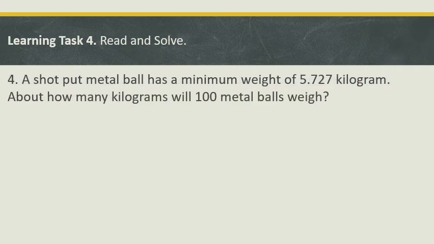Then next, number 4, a shot put metal ball has a minimum weight of 5 and 727/1000 kilograms. How many kilograms will 100 metal balls weigh? So, 5.727 times 100. Okay, so sulat natin siya dito ng medyo malaki-laki.